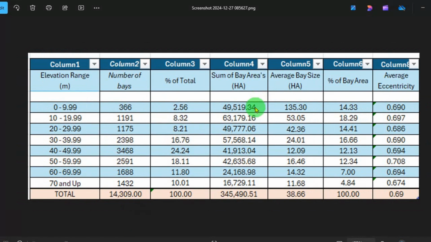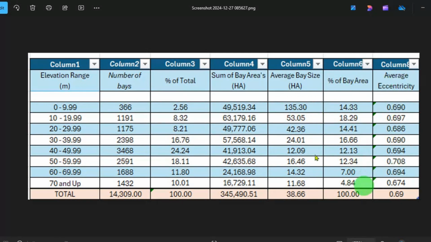I also took the area of the bays that's given in the Avoid Basin spreadsheet, and I summed them up for each of these groups, and then I took the average bay size, which would be the total area divided by the number of bays, and did a couple more things.